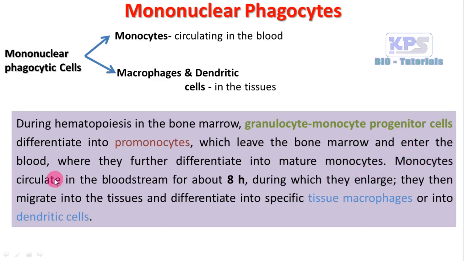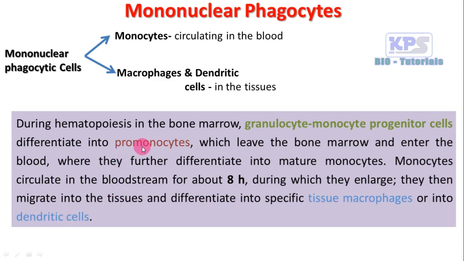These monocytes circulate in the bloodstream for about 8 hours, during which they enlarge. They then migrate into the tissues and differentiate into specific tissue macrophages or into dendritic cells.